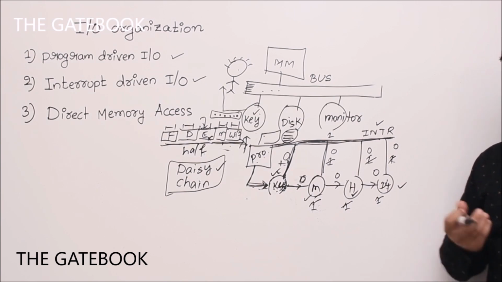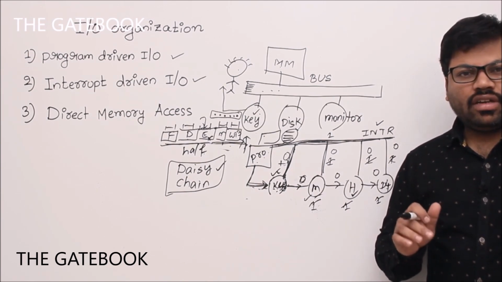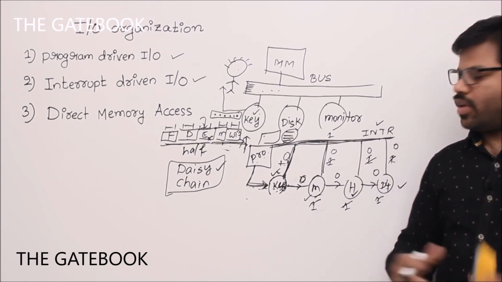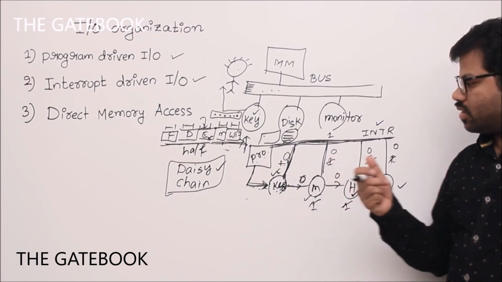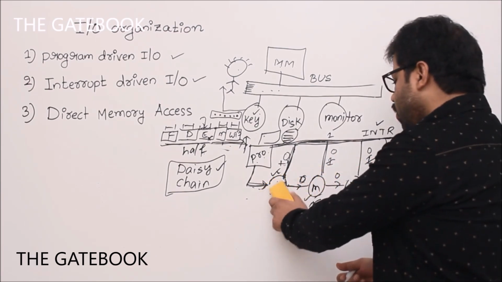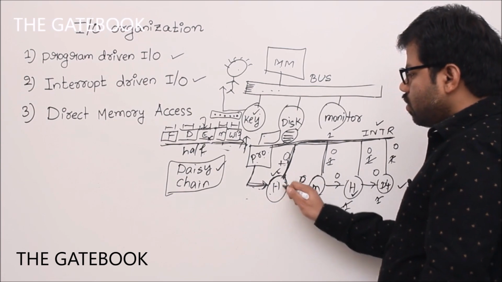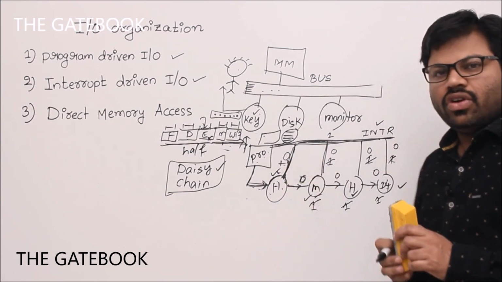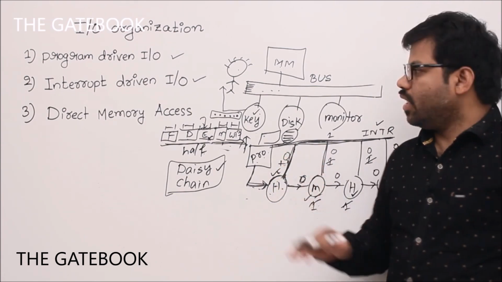By your requirements you can prioritize things. For example, the hard disk should have a lot of priority, so you keep the hard disk closer to your processor. In such a way we have to design this system about interrupts.